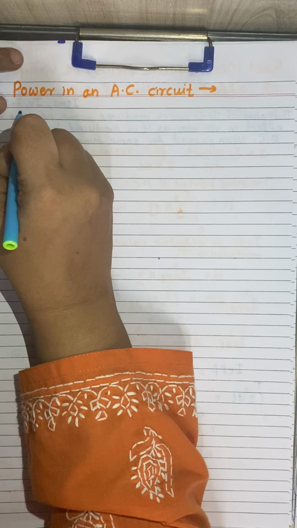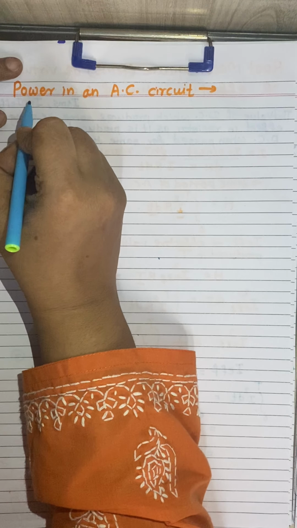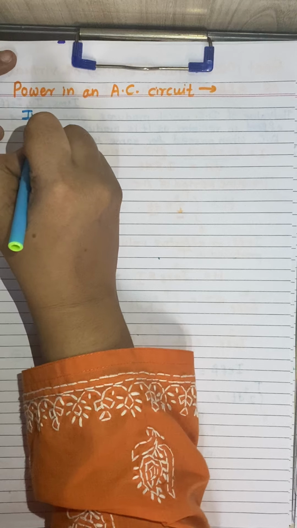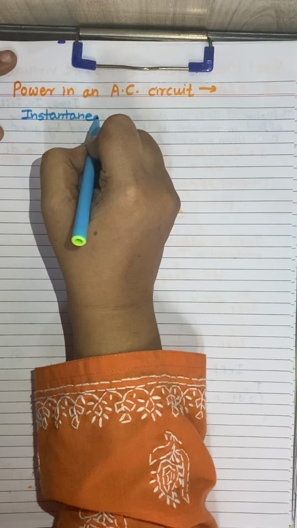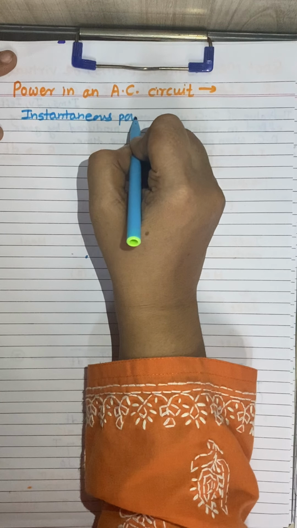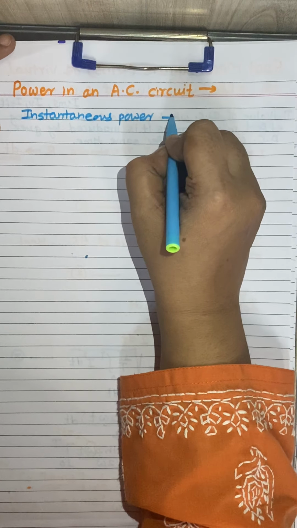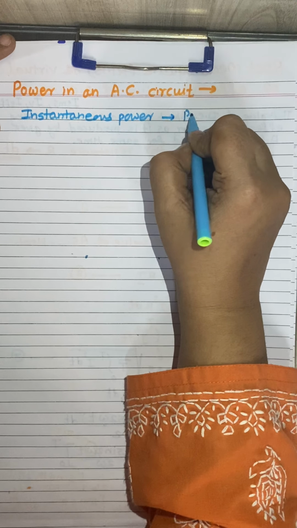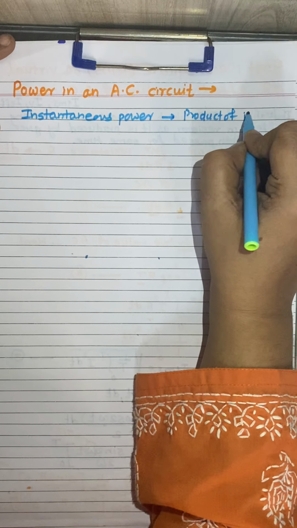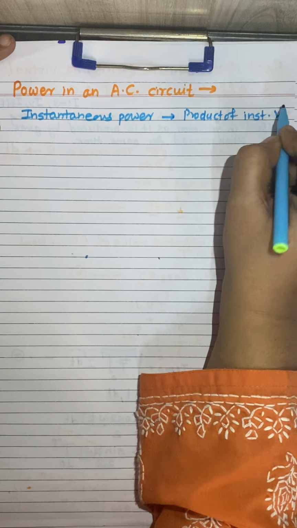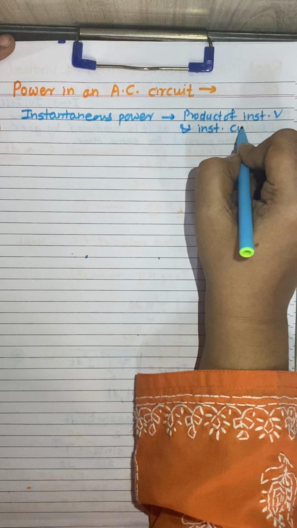This is very important for the power of the series LCR circuit: instantaneous power is the product of instantaneous voltage and instantaneous current.